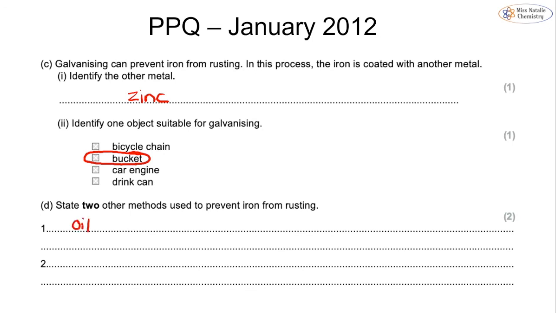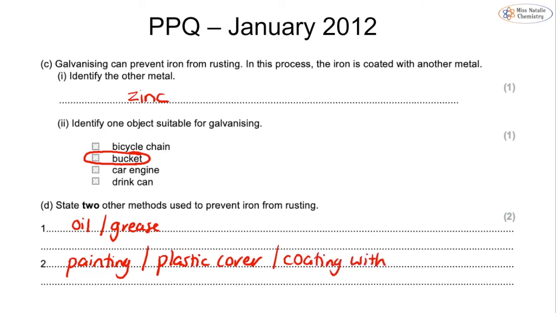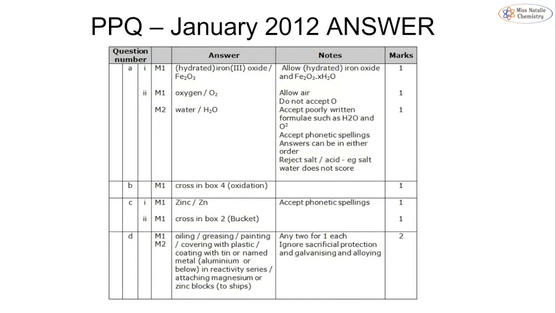So we can have covering it with oil, covering it with grease, painting, using a plastic cover, or even coating with a more reactive metal. Any one of those answers, or any two of those answers, would give you the final mark. And there's your mark scheme.